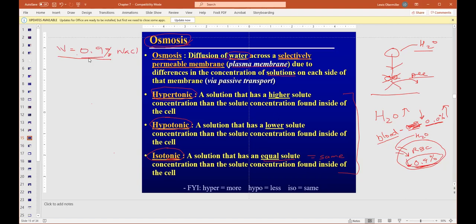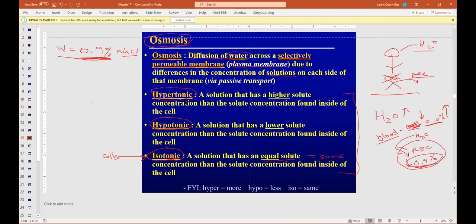And they never vary. If you went to the hospital, or maybe you work in the medical profession, look at the IV bag. It always says 0.9% sodium chloride because that is what we call isotonic to your cells. The same, 0.9 on the inside, 0.9 on the outside.